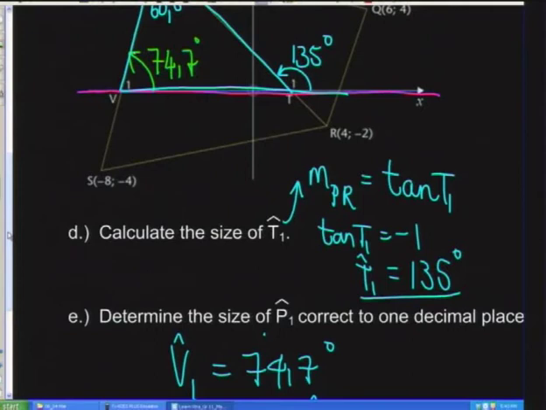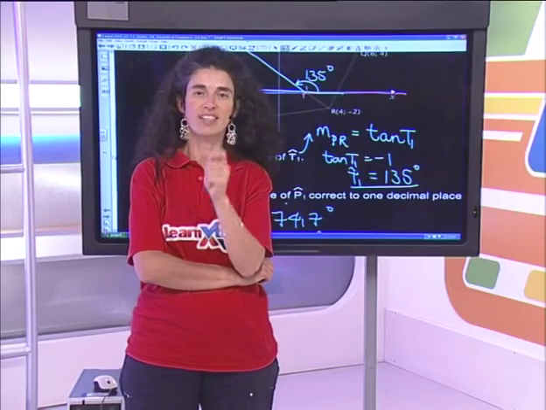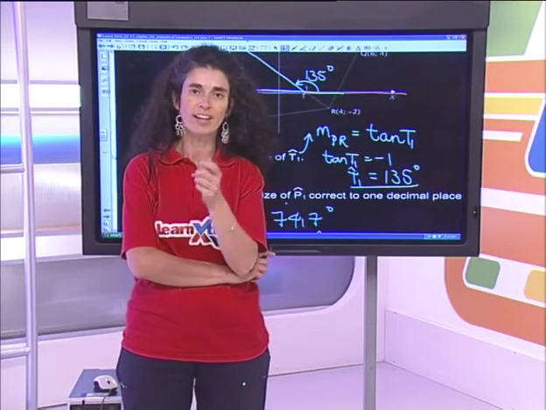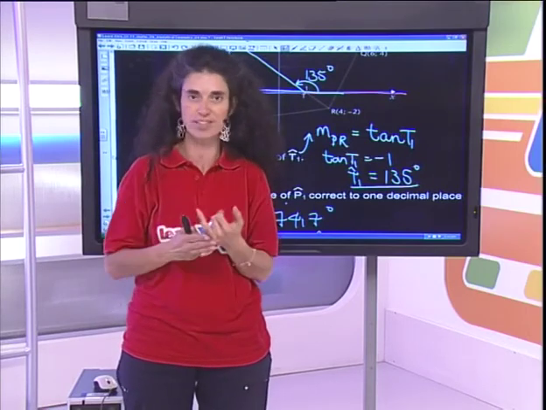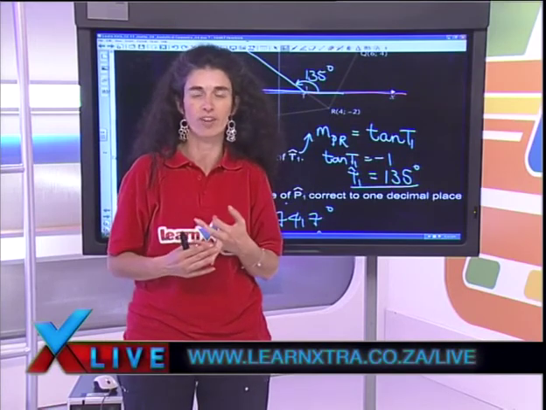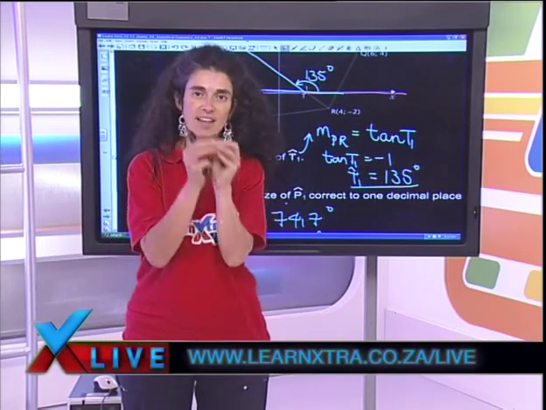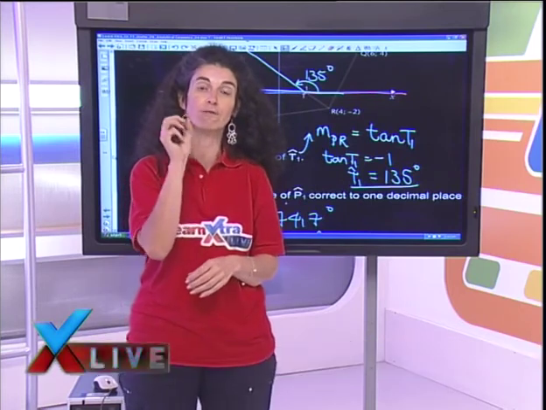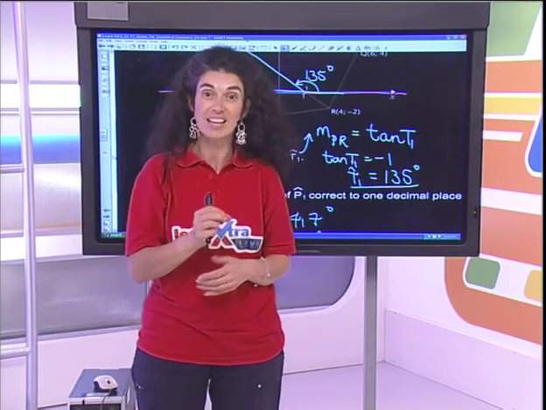Where do I get 135 from? Remember that if a tan ratio is negative, your calculator is programmed not to give you the second quadrant angle and not to give you the positive fourth quadrant angle. Your calculator has been designed specifically to give you the fourth quadrant angle, but the negative angle.